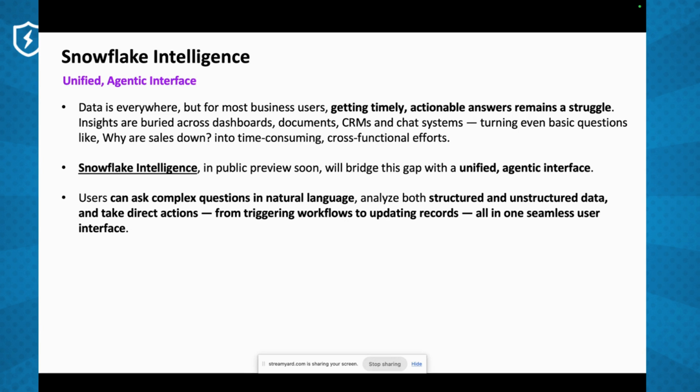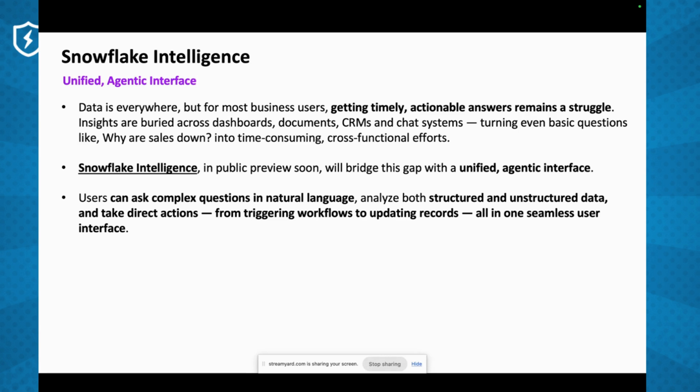Okay, so this is the last slide of my section. I just wanted our readers to go back with this thought. I know there will be deep dive sessions planned for Snowflake Intelligence, because Snowflake Intelligence is also an agent. We are talking about a unified agentic interface. But what is Snowflake Intelligence, and why do you need it? The answer is simple.